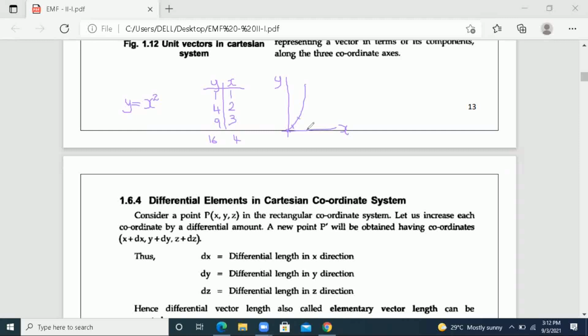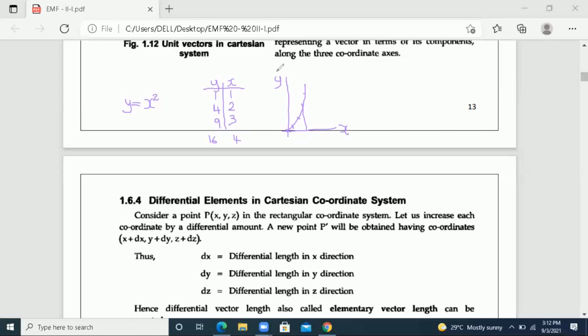When x equals 3, y equals 9. And when x equals 4, y equals 16. And when x equals 5, of course, this is not drawn properly, y would be equal to 25, right? You agree? Yes, sir. Okay.